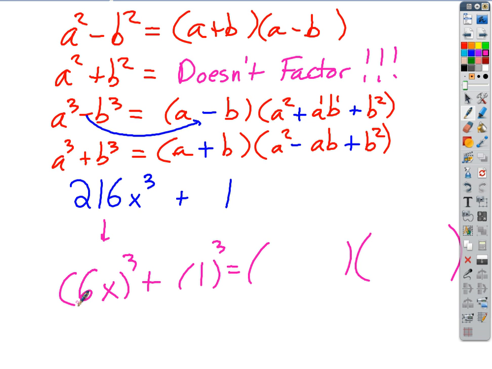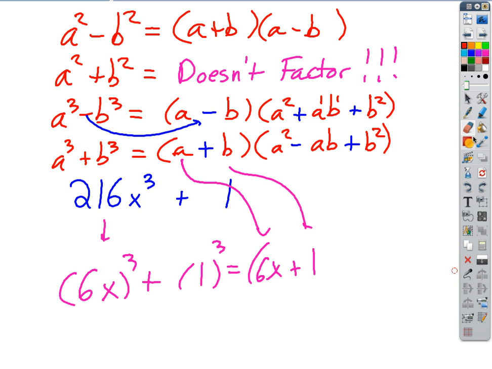So does everybody see what's going on then? This is our A, that's our B, right? Now we just follow the pattern. Here's the pattern we're following. So A is 6x plus B is 1 times A squared is going to be the quantity 6x squared, right?